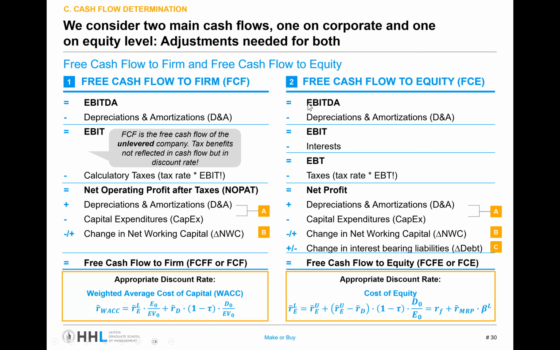You arrive at an EBITDA, and then you can deduct the depreciation to arrive at the EBIT, deduct the interest to arrive at the EBT, earnings before taxes, then deduct the taxes, and you arrive at the net profit. That's really the result of the profit and loss statement. And now the thing is that profit is not exactly the same as cash flow.